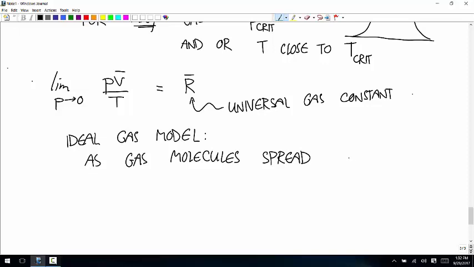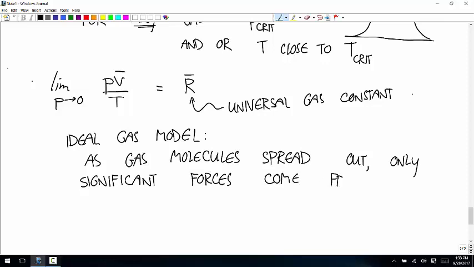So as the gas molecules spread out, the only significant forces come from collisions. They're far enough apart that the attractive forces between the molecules are not a significant determinant of how the gas behaves.